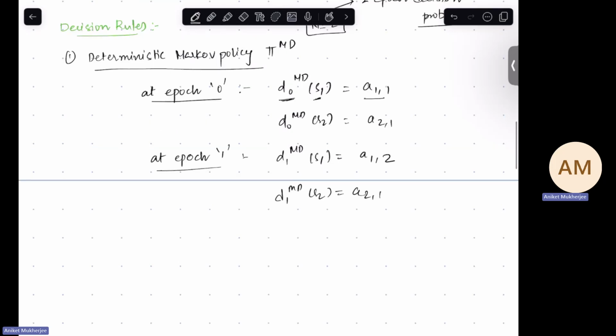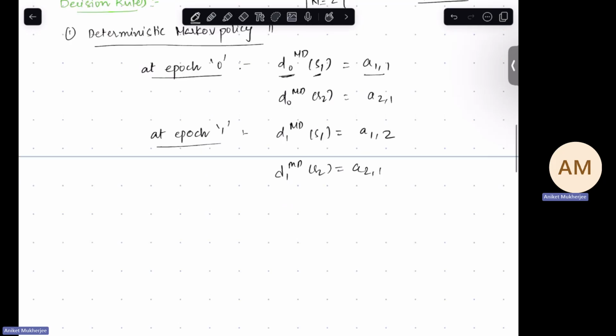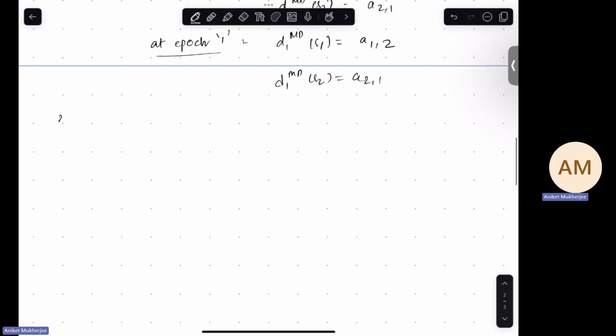If you're writing down a deterministic Markov policy, then given a state, you'll get an action. You have to write down the function which maps states to actions. The second one we saw was a randomized Markov policy.